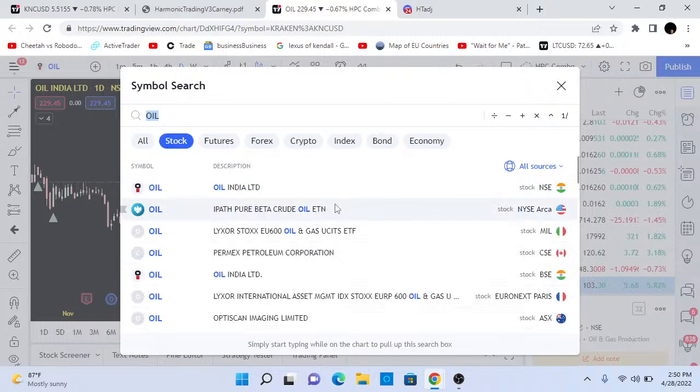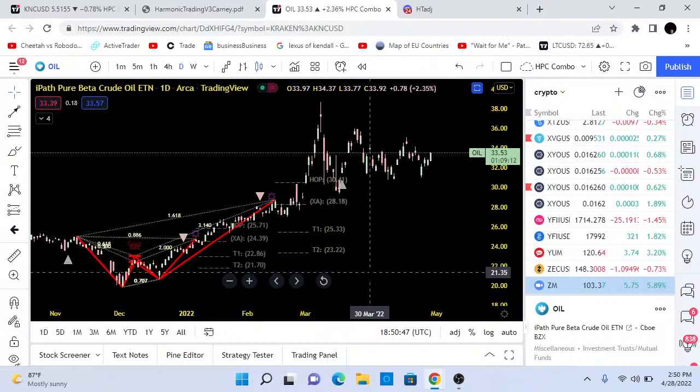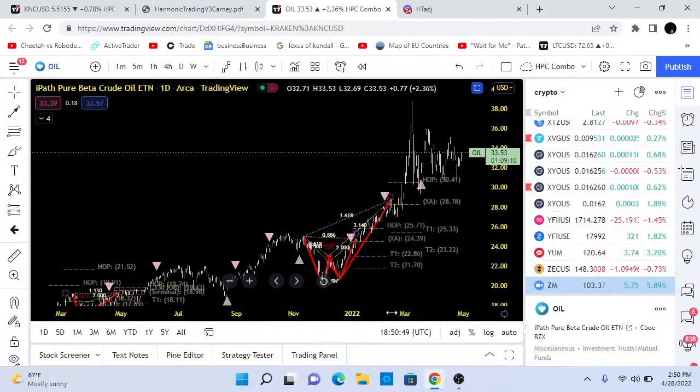Oil used to be called Triton Energy on the American exchange. It's now IPATH Pure Beta Crude Oil ETN. So it's another one of these ETN ETF suckers. That was pretty interesting, but this is the American exchange.